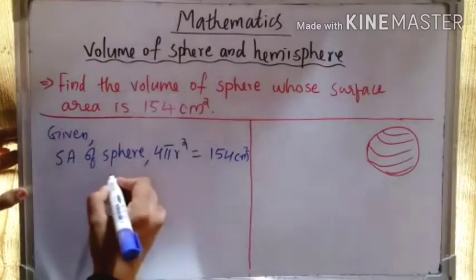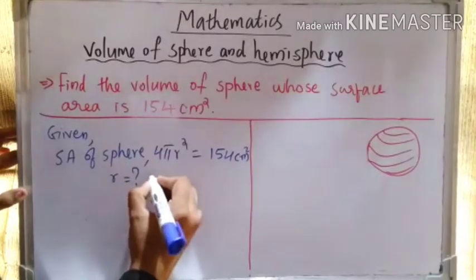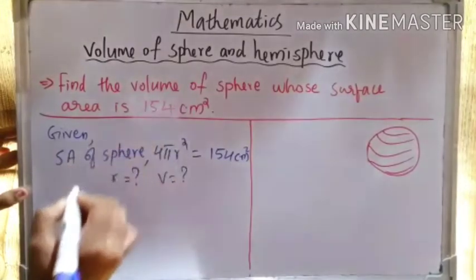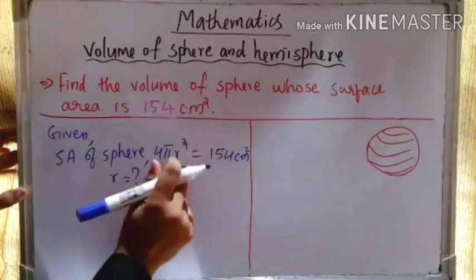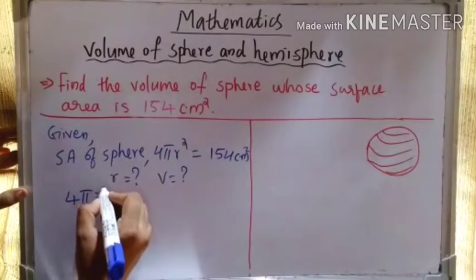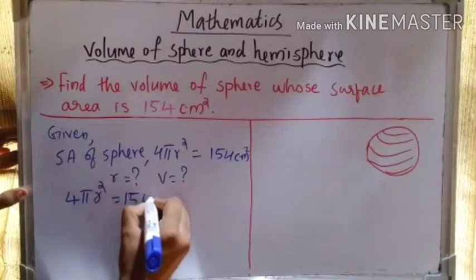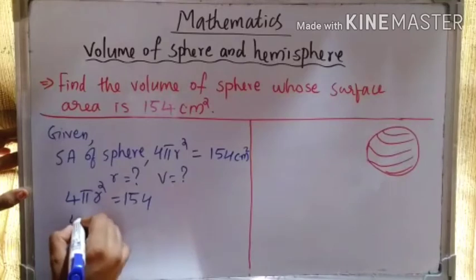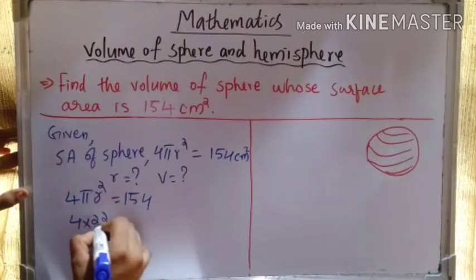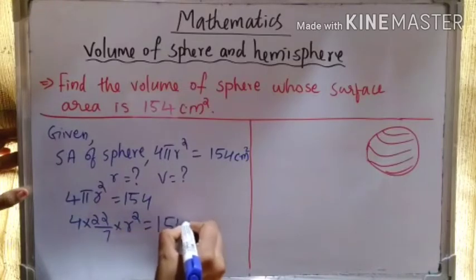Radius is not given and volume also not given. So from this, 4 pi r square is equal to 154. Then substitute the values. 4 into 22 by 7 into r square is equal to 154.